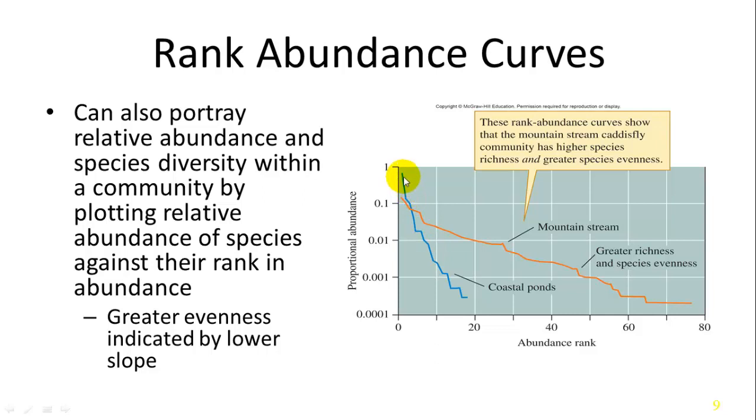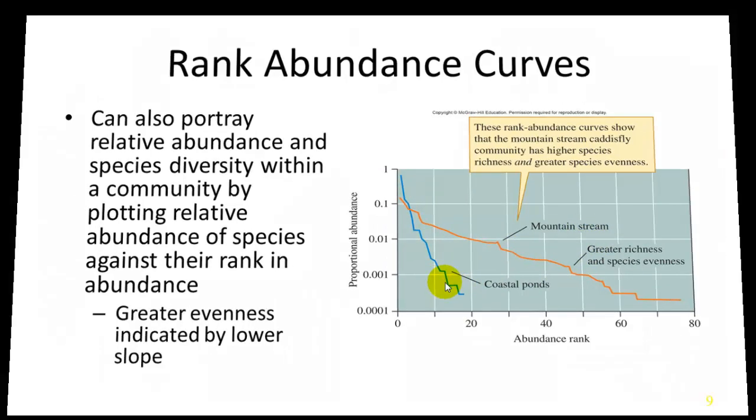So here you have a steep slope. That means it is not very even. Here you have a much less steep slope, so there's more evenness there. But this also has greater species richness. So mountain streams have greater richness and species evenness than coastal ponds.